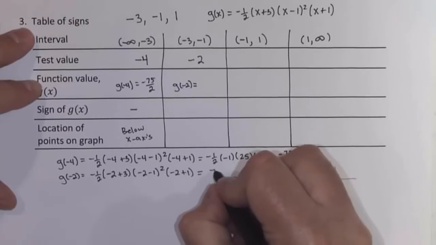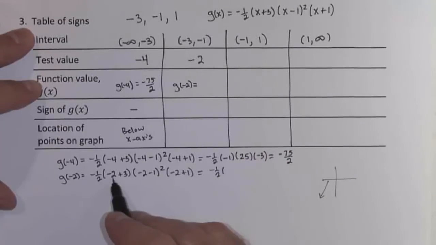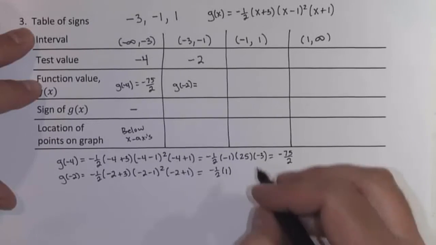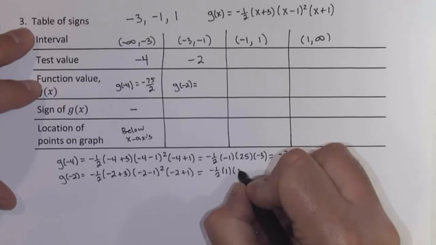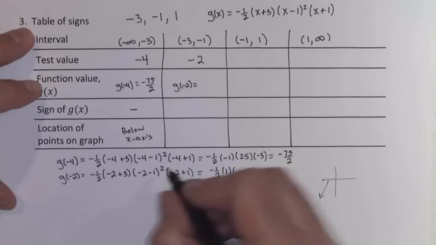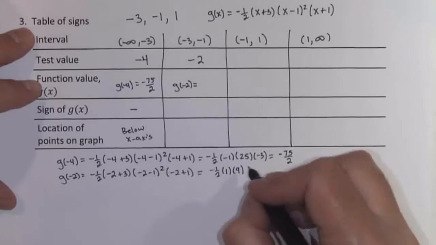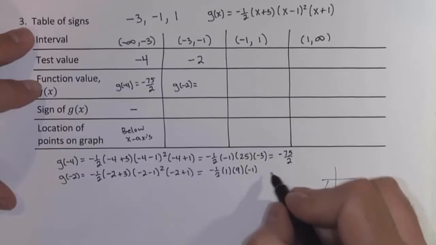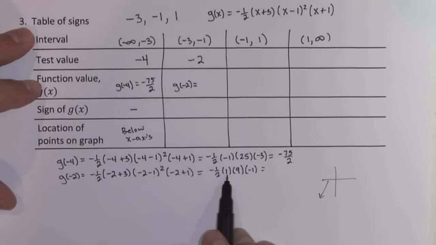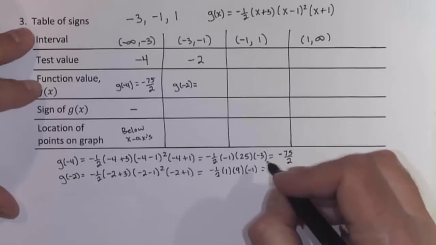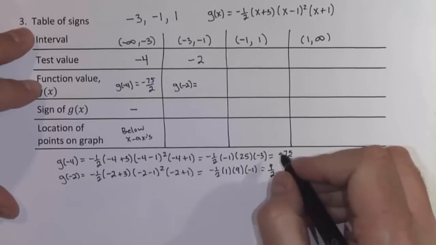So that is going to be -1/2 times -2 plus 3, which is 1. -2 minus 1 is -3, and we're squaring it. That's going to give us 9. And -2 plus 1 is -1. So -1/2 times 1 is -1/2. -1/2 times 9 is -9 halves. -9 halves times -1 is +9/2.